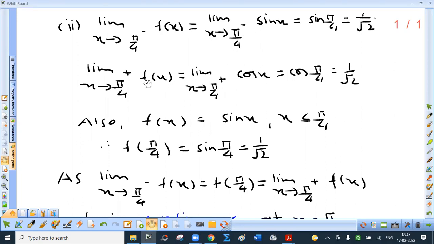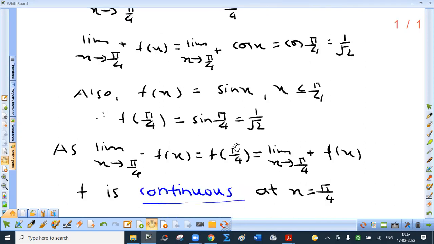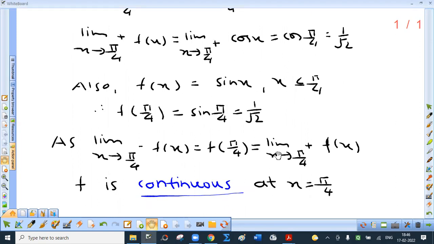Limit as x tends to pi by 4 plus, to the right of pi by 4. For that it is cos x. What is cos pi by 4? 1 by root 2. Now f of x is sin x for not only x less than pi by 4 but equal to also. So f of pi by 4 is sin pi by 4, that is 1 by root 2. As these three values are equal, the function is continuous at x equal to pi by 4.